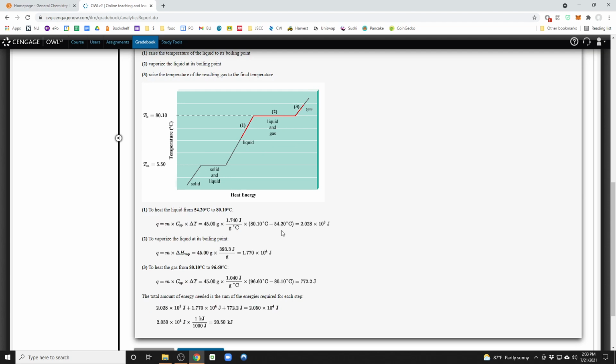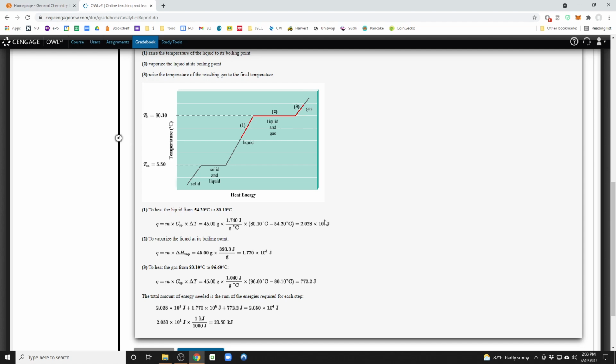Remember to do that step first or in parentheses because that's the order of operations. And then you're going to take that difference, which is 25.9, multiply it by the number you get here after taking 1.74 times 45.